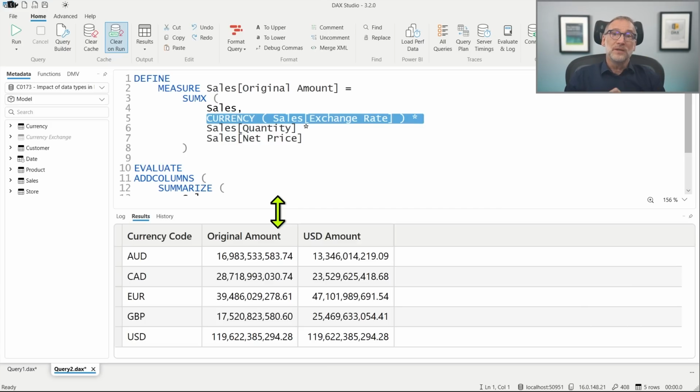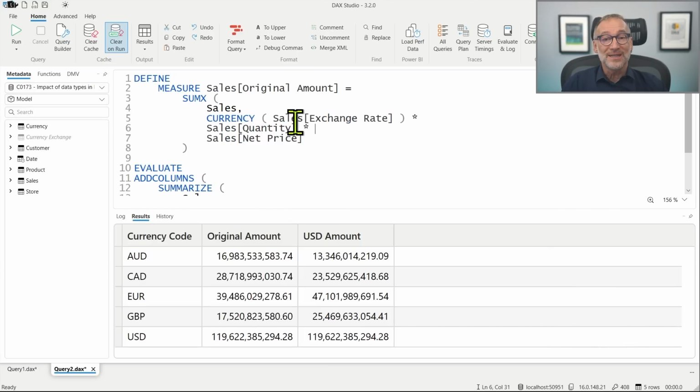Reducing the number of digits of the exchange rate changes the algorithm. In this specific case, this number is actually more correct than the previous one, but that is just because of this specific example. In general, doing the conversion at the transaction level, so row by row, introduces a tiny error that multiplied by 200 million rows generates a difference.